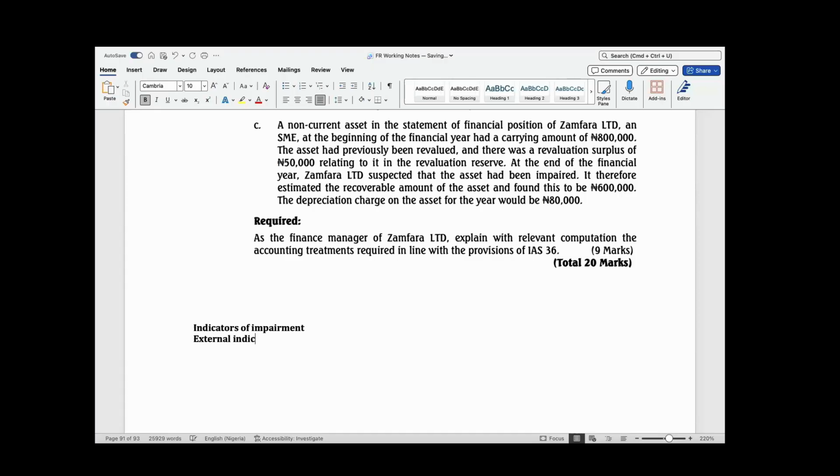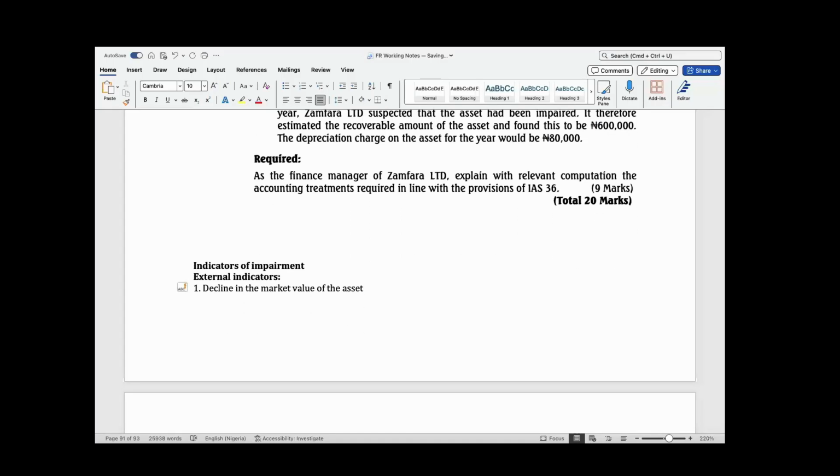So there are external indicators. Number one is when there is a decline in the market value of the asset. If the market value of the asset is declining, that's an indicator of impairment.